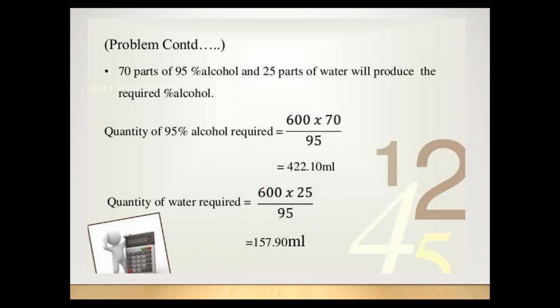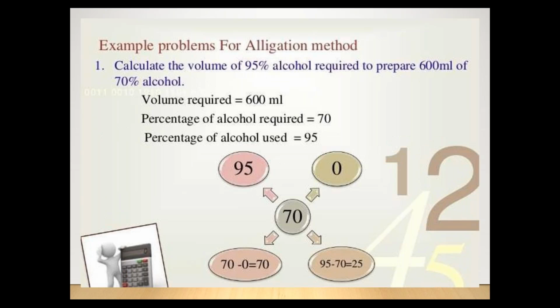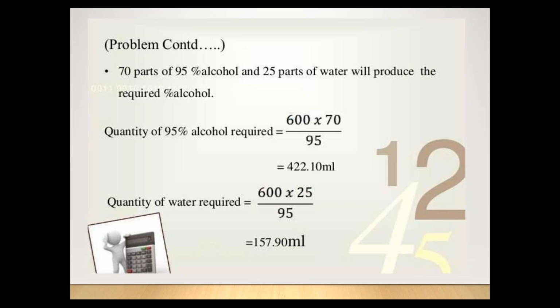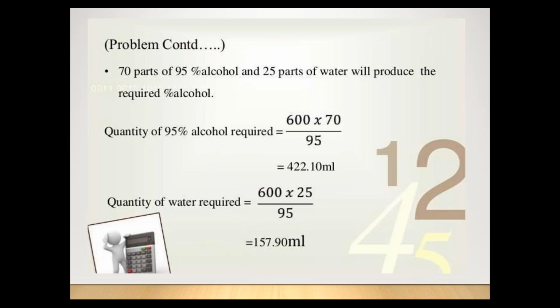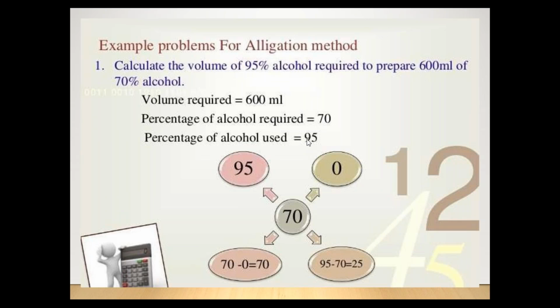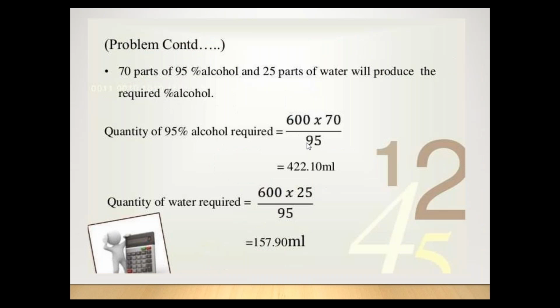So the quantity of alcohol required is equal to, you have to multiply the volume required, which was 600 ml, into your parts of alcohol, or your 70 parts of alcohol that you got, divided by the 95 percentage of alcohol used.